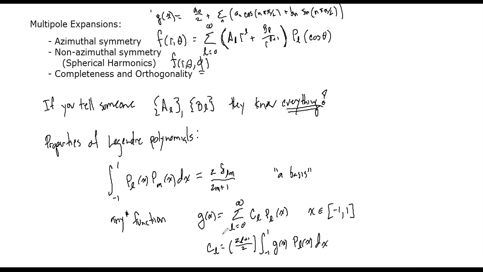So all of the concepts, the ideas that you onboarded to think about Fourier series and representing functions and overlaps and dot products, that all works here. This is just a different set of orthogonal complete functions. So these two properties, completeness and orthogonality: the orthogonality is here.